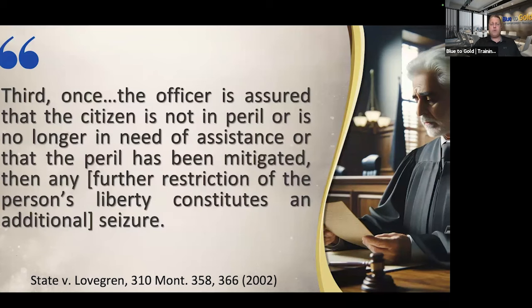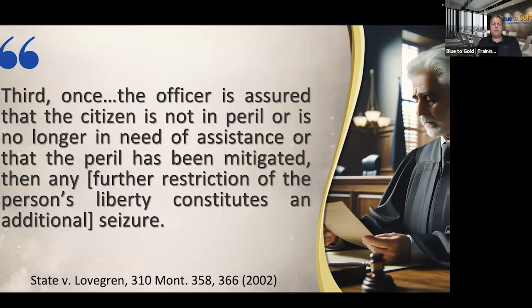Then the third part of the rule: once we have addressed the issue, we've rendered the aid, we've mitigated the peril, we've determined this person doesn't need any assistance, then our authority to detain that person is over. It has to cease immediately unless we have developed reasonable suspicion, at least, of criminal activity.